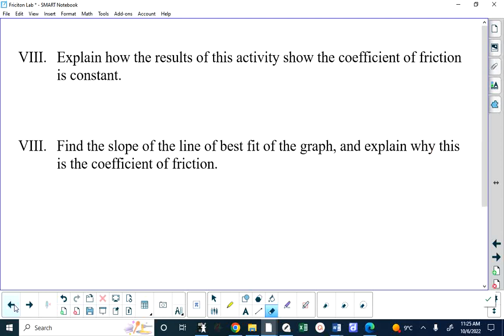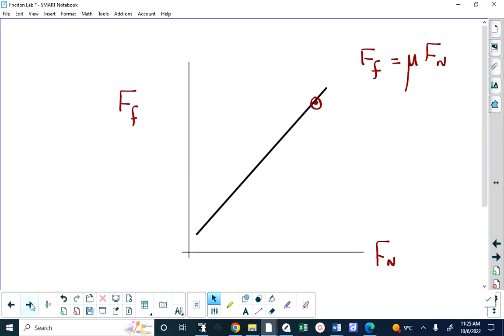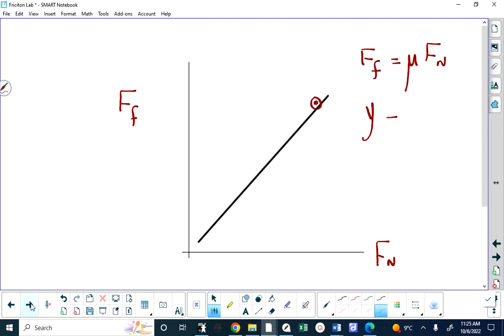If this graph looks like that, and let's imagine it goes through the origin even though yours may not, the equation of this line from math is y equals mx. Would you all agree? What's m in this equation? Slope.